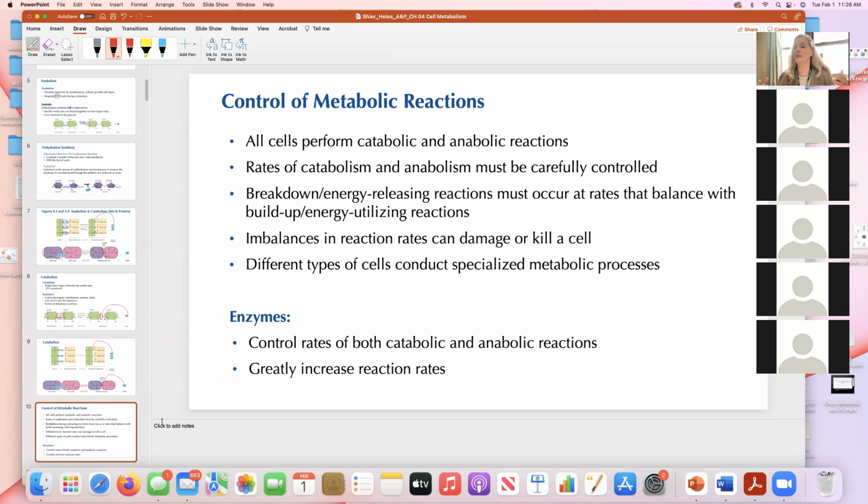Your epithelial cells might manufacture melanin, okay? But your muscle cells, for instance, aren't going to be doing that. They're going to be busy making the proteins that are needed for the muscle, okay? Like actin and myosin. So every different cell will have its different focus of metabolic products that it's trying to make, all right?